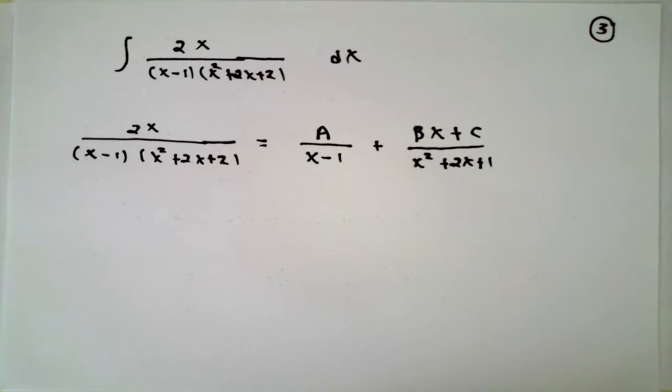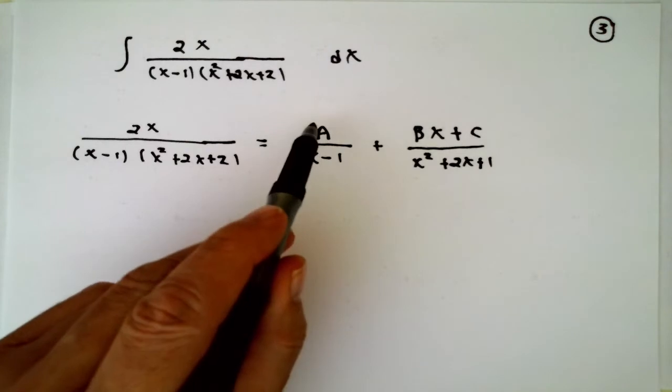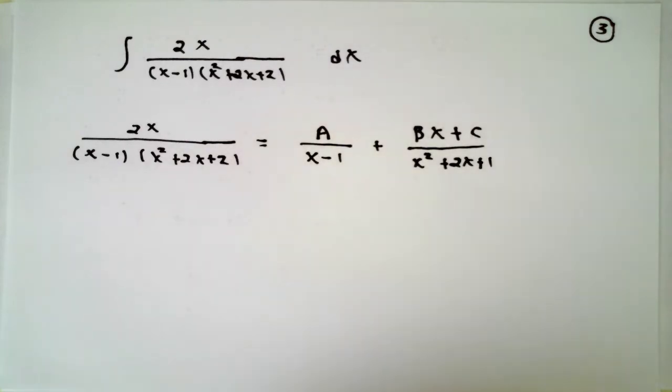When we were dealing with distinct linear factors, we decided that for each such thing, there would be a term in the partial fraction expansion that looks like a constant divided by the distinct linear factor. So I can write that one down.